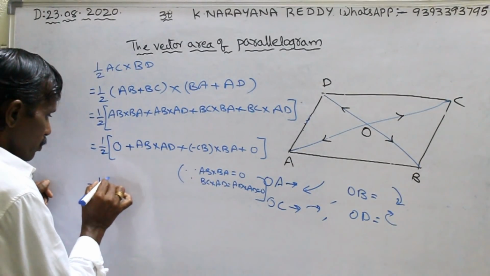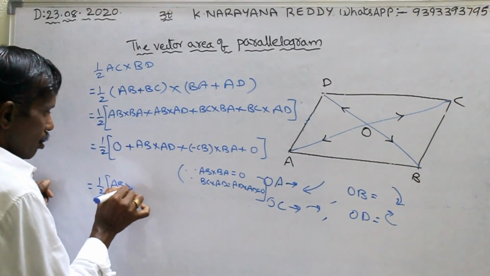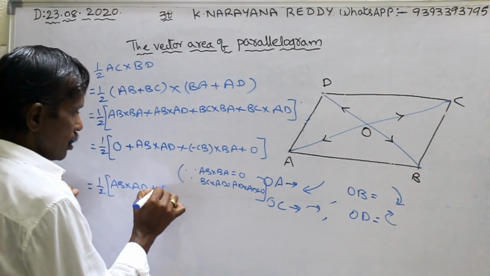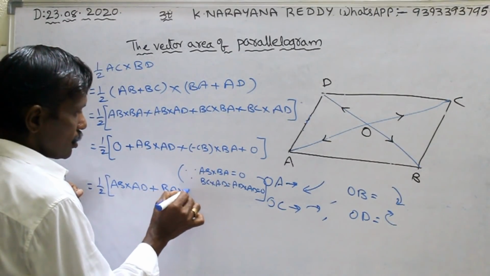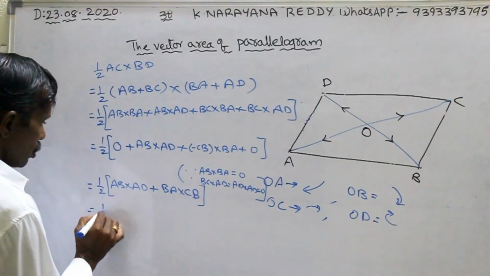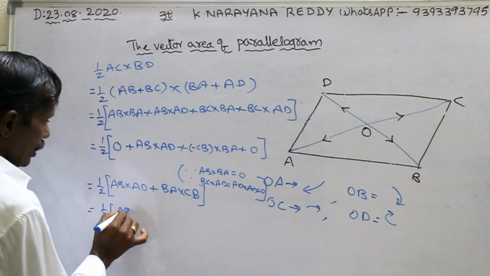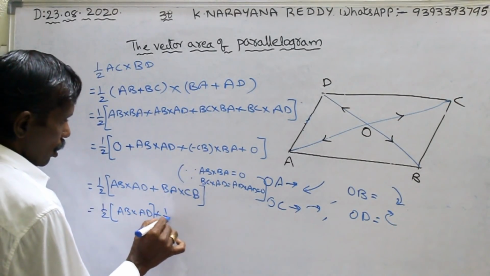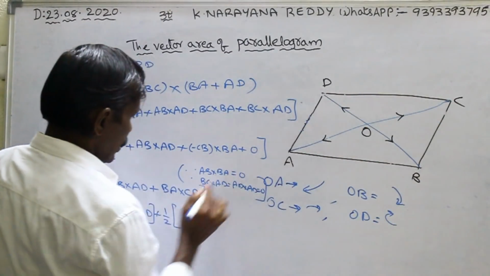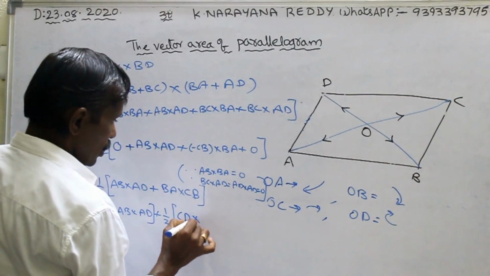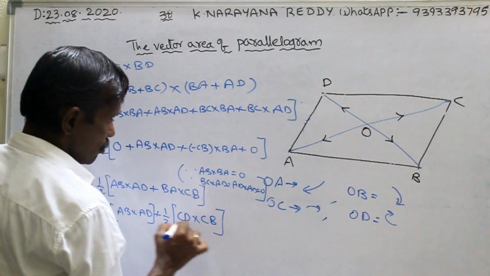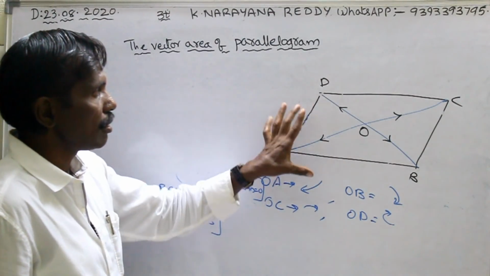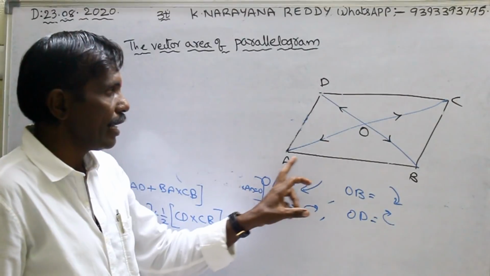Now half of AB cross AD. Here I write this as BA cross CB, equals half of AB cross AD plus half of CD cross CB. AB cross AD means the vector area of triangle ABD.